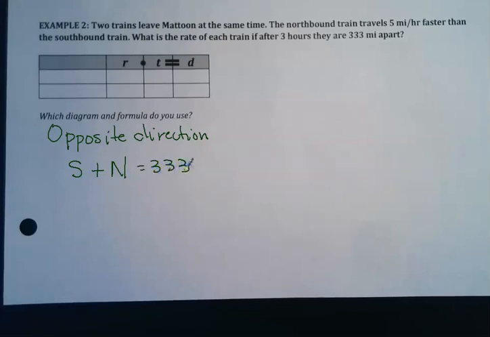Good. We are going to have to come back to this idea after we fill out the chart. All right, let's do it. So we've got S and N, the southbound and the northbound train. The rate for the northbound is 5 miles an hour?